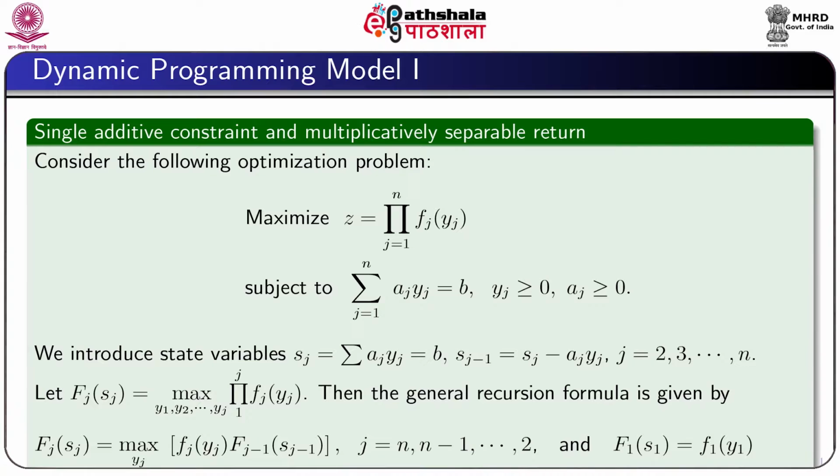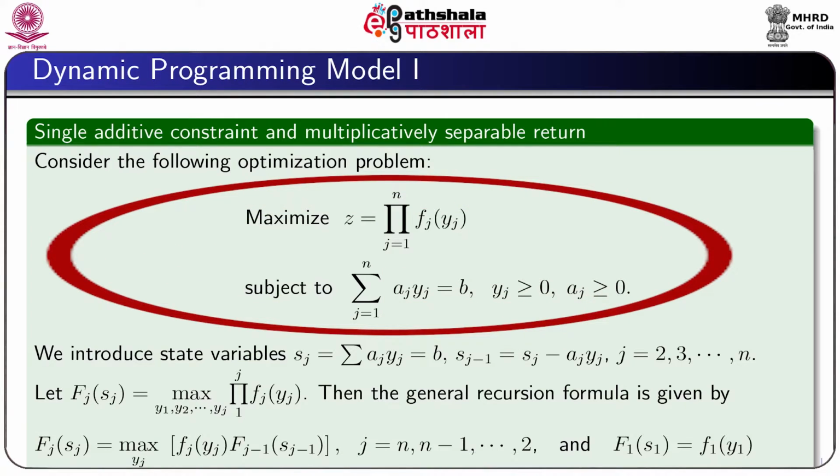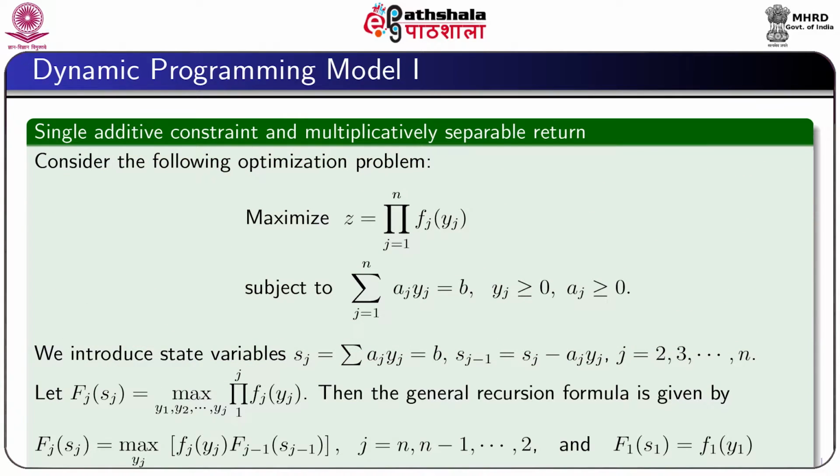Consider the problem: maximize z equal to product j equal to 1 to n of fj(yj), subject to summation j equal to 1 to n aj yj equal to b, where yj is greater than or equal to 0 and aj is greater than or equal to 0.